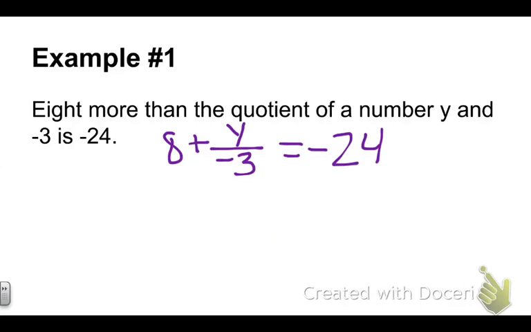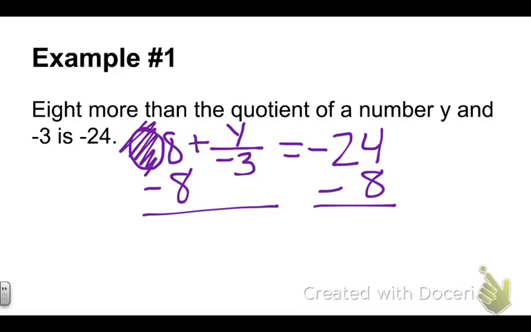Get rid of whatever's being added or subtracted first. So we got to get rid of that +8. And remember, it's a +8 because of what's in front of it, not what's behind it. We need to subtract 8 on both sides.